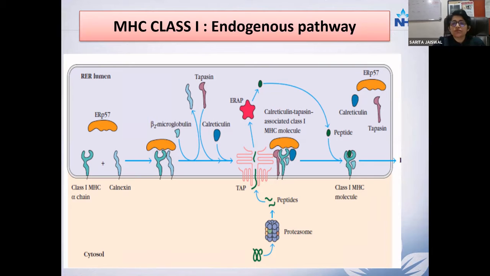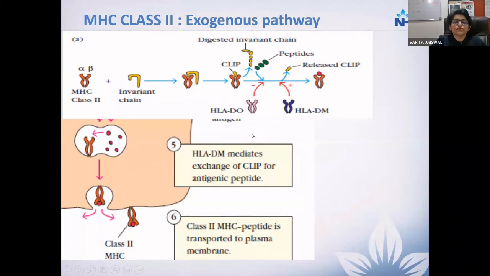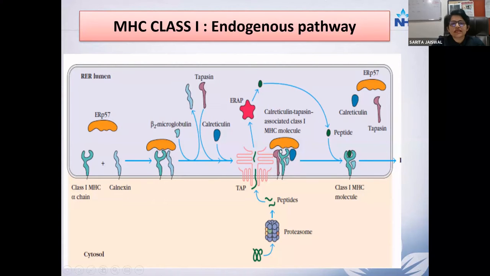In the meantime, the endogenous protein, which is processed by the proteasome, migrates with the help of TAP protein inside the endoplasmic reticulum, and then it is processed. Unless ERAP finds a suitable antigen, the complex is not going to be released. ERAP disintegrates the protein and produces a peptide of definite size, which it binds.